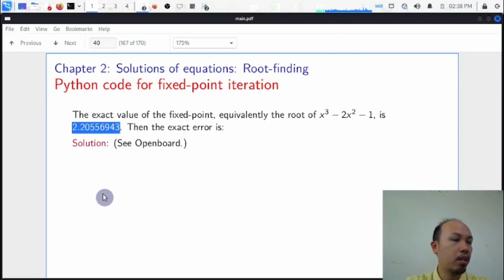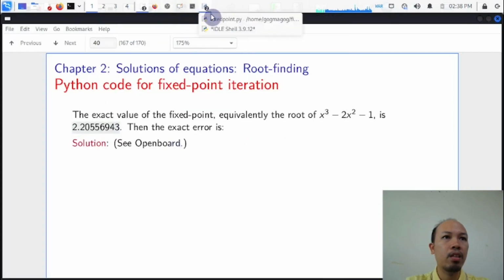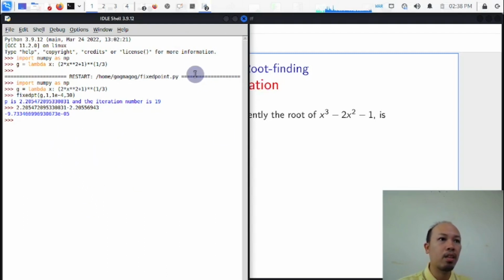So what would be the error? This one. So the error is small enough, as you can see in the calculation. Okay, that one is correct. Okay, this is the error, this portion here.